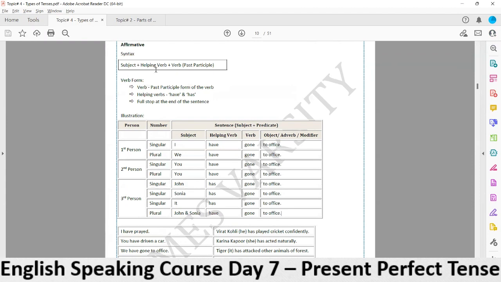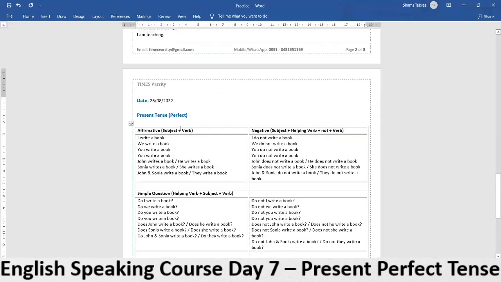It is subject plus helping verb plus verb. So subject plus helping verb plus verb. Okay, so this is the one thing.